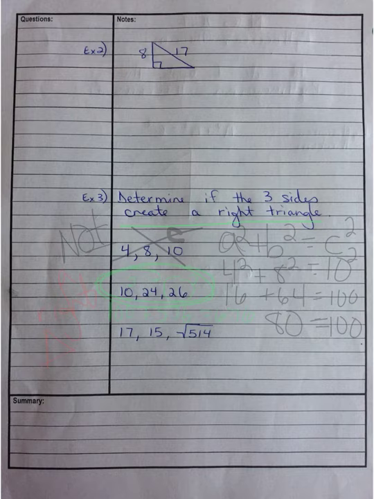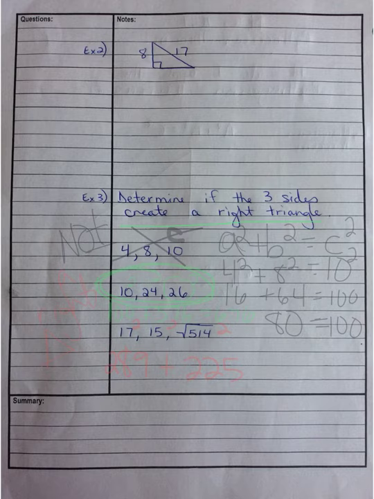And let's check our last one. When we look at our very last one here, we can see that we have 3 sides. If we square those 3 sides, so I have 17 times 17, that would be 289. 15 times 15, that would be 225.